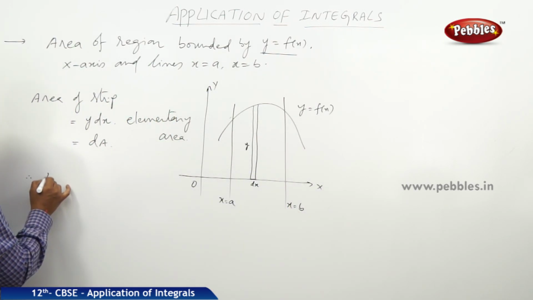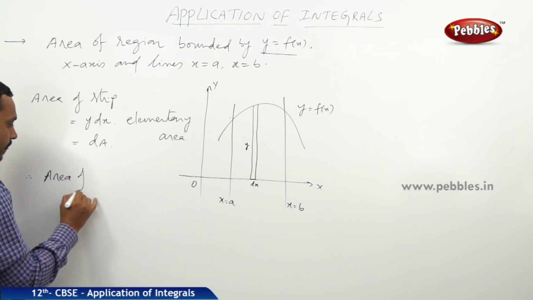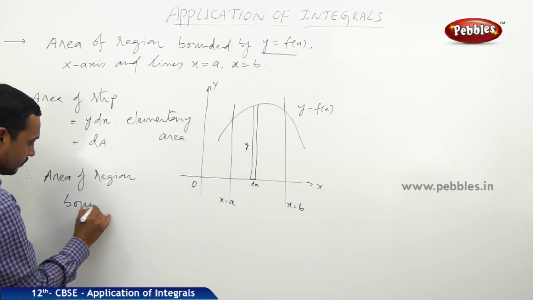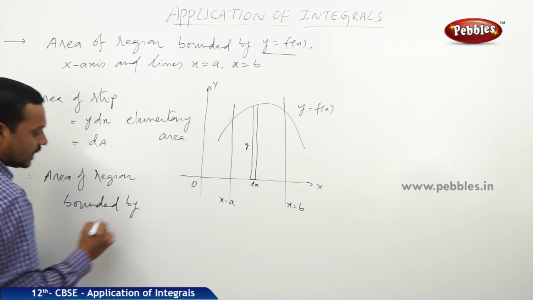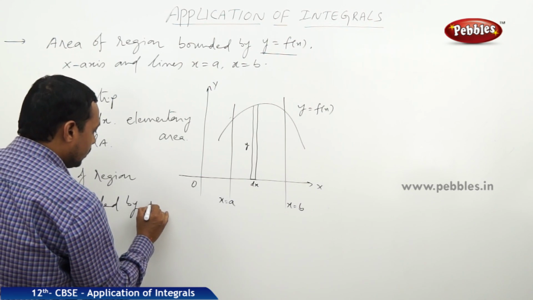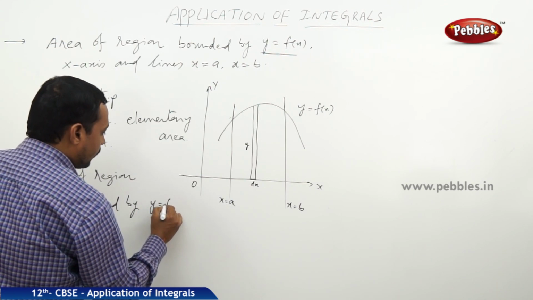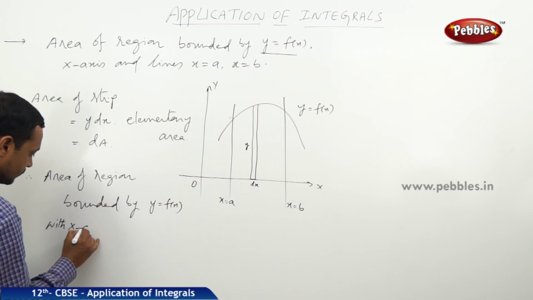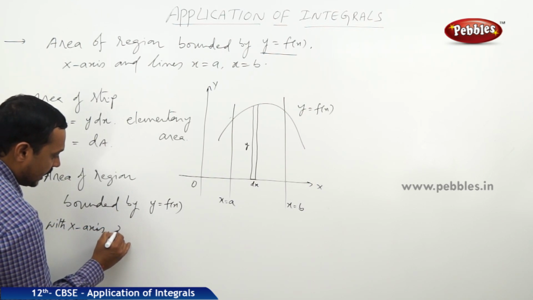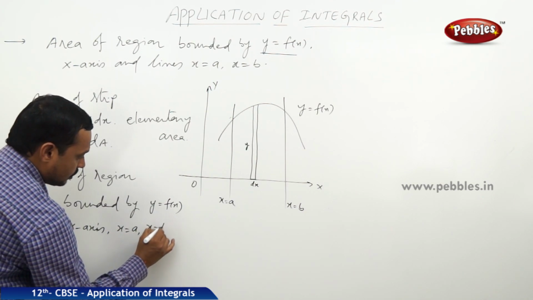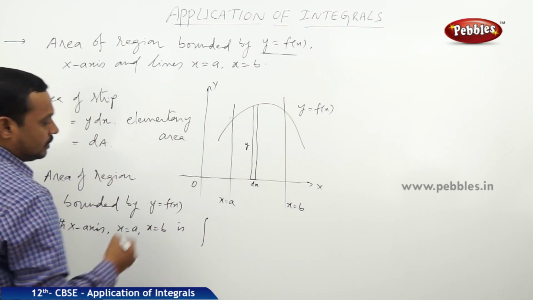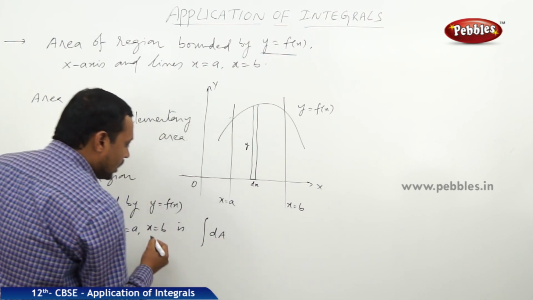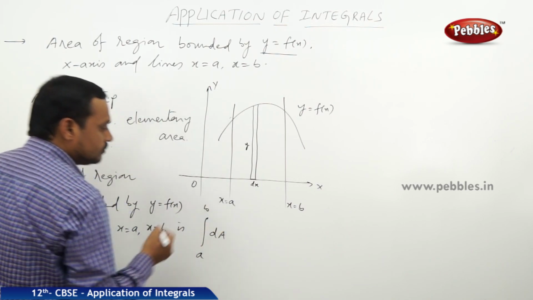And therefore the area of the region bounded by the curve y is equal to f of x with x-axis and x is equal to a, x is equal to b is given by integral of dA under the limits a to b.